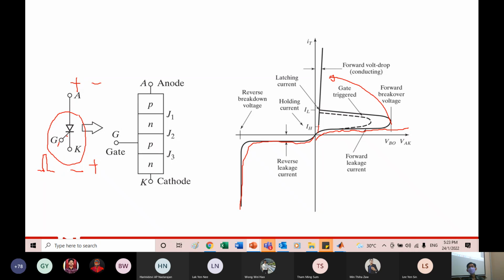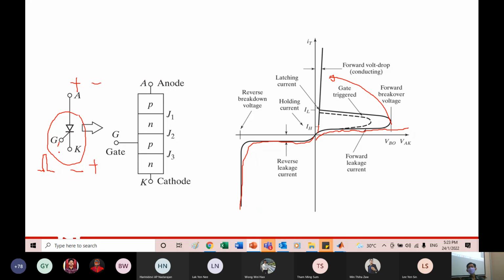So you can apply a small current to the gate to turn it on, otherwise not. To turn it off, you have to either reverse the polarity or remove the power. Two ways to turn off: remove the power or reverse polarity. One way to turn on is to apply a small pulse, a small current.